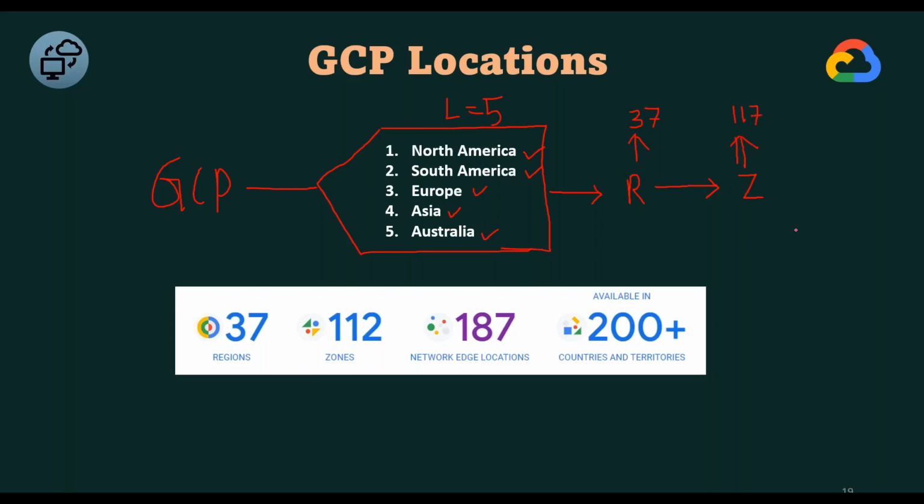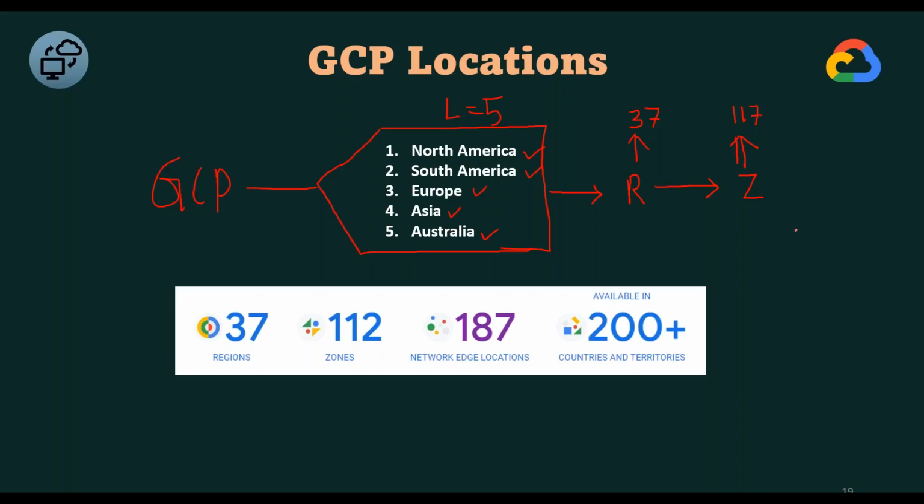What is this, sir? I couldn't understand it. Just think about a banking sector. Think about SBI, State Bank of India, having its banking locations all over India. Think of India as one location. In India we have more than 30 states.